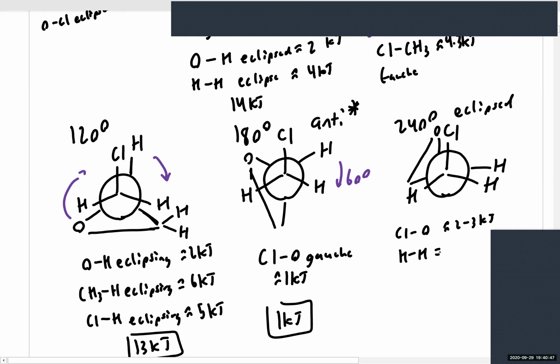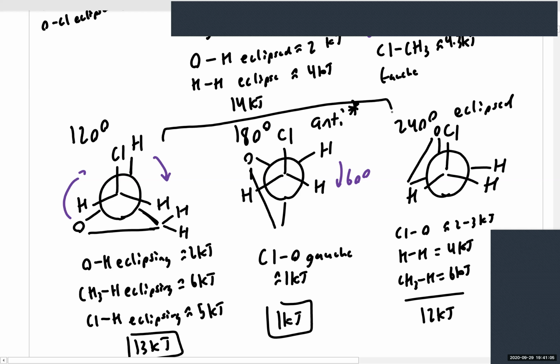A hydrogen-hydrogen eclipsing interaction, which is 4 kilojoules. And then a methyl hydrogen eclipsing interaction, which is around 6. And that gives us about 12 kilojoules of strain. So the 120 and 240 degree structures are very close in terms of energy.